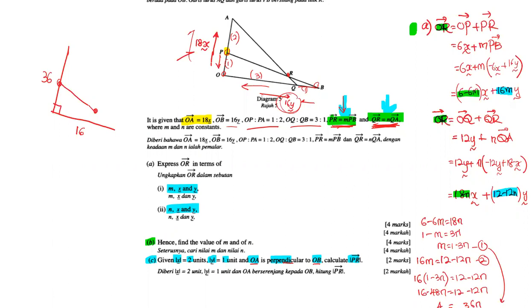Magnitude PR. So let's try to find PR equals to what? Is there any information given? Where can I find PR? Anyone? Okay, I can find PR here. PR is this one.